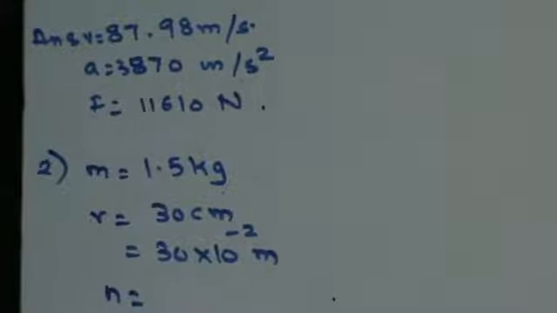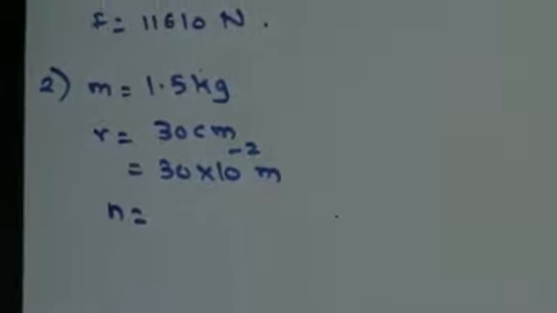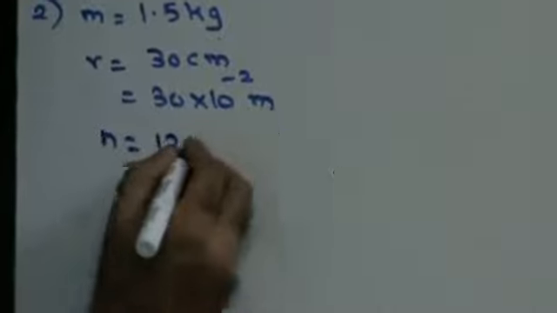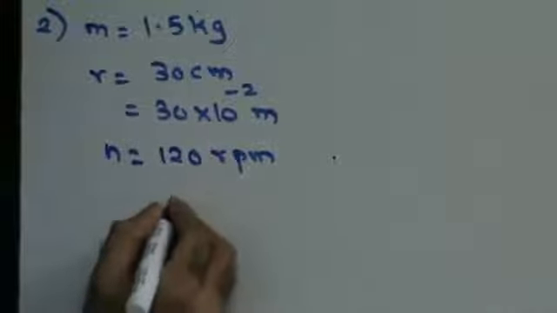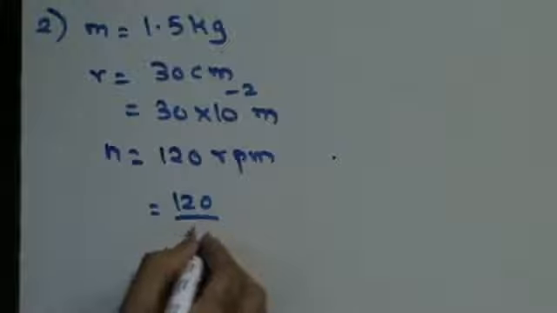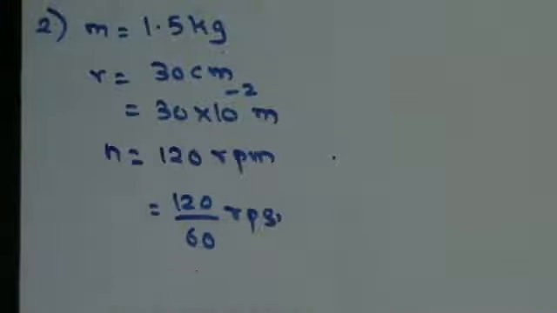Calculate centripetal force if it performs 120 rpm. 120 rpm means 120 upon 60 rps. They've asked you to find out centripetal force.